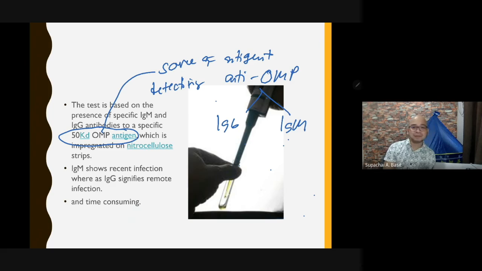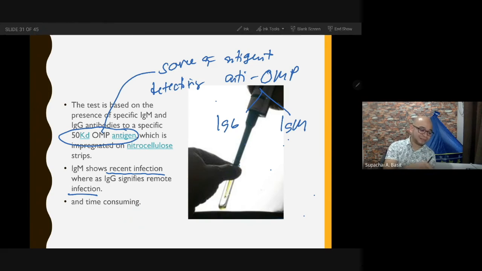If it's positive for IgM, it means that there is a recent infection. If it's positive for IgG, it means that there has been a remote or past infection. However, it is also time consuming.